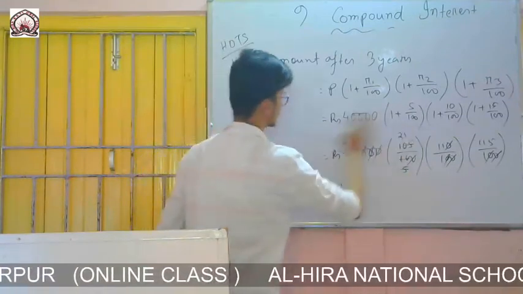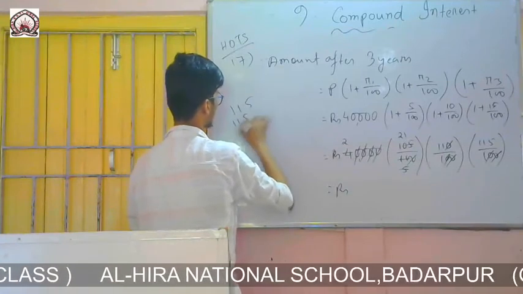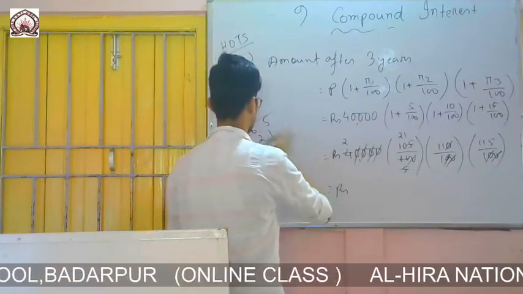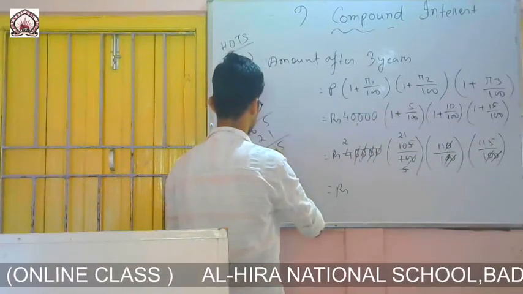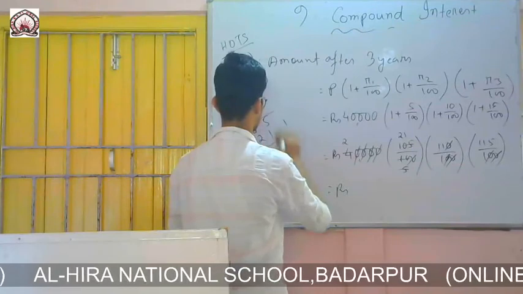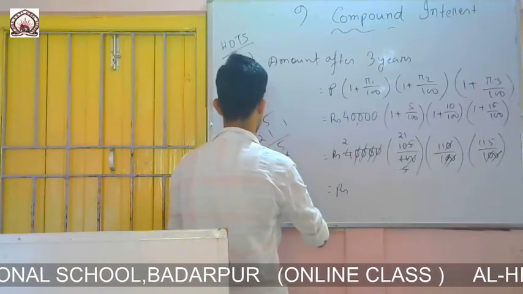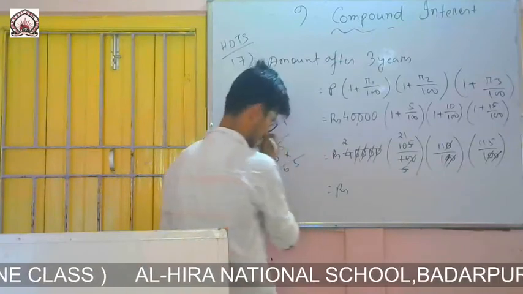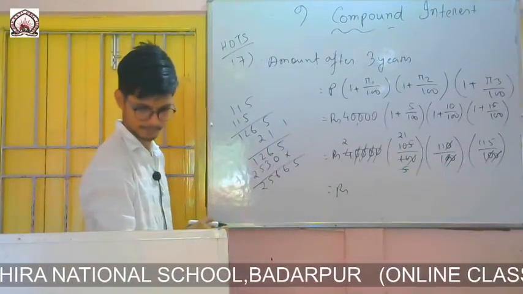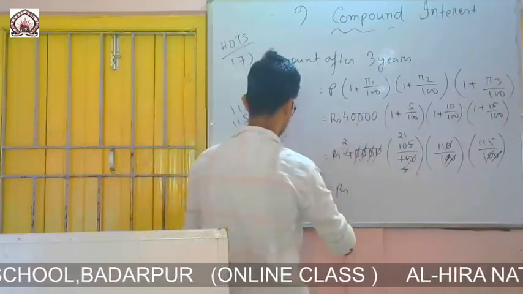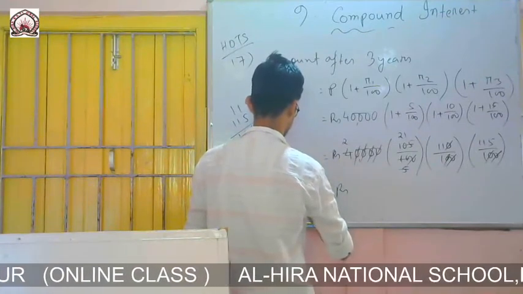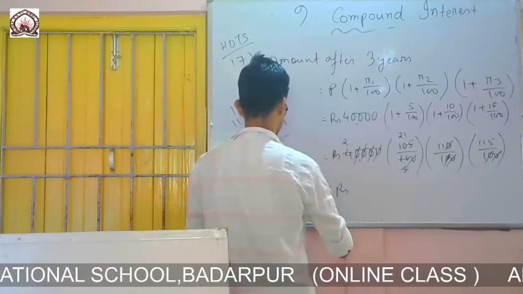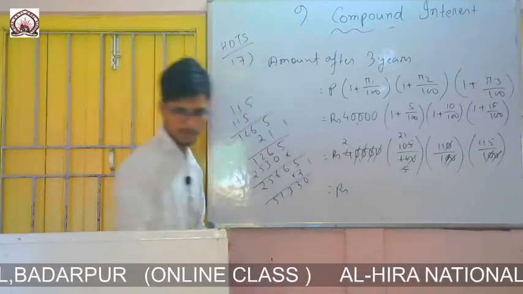You don't need to multiply this one, you multiply 115 into 11, it will be easy. 115, 2 times of 5, 5 and 1 6, 1 1 2 and 1, then you multiply it by 21.